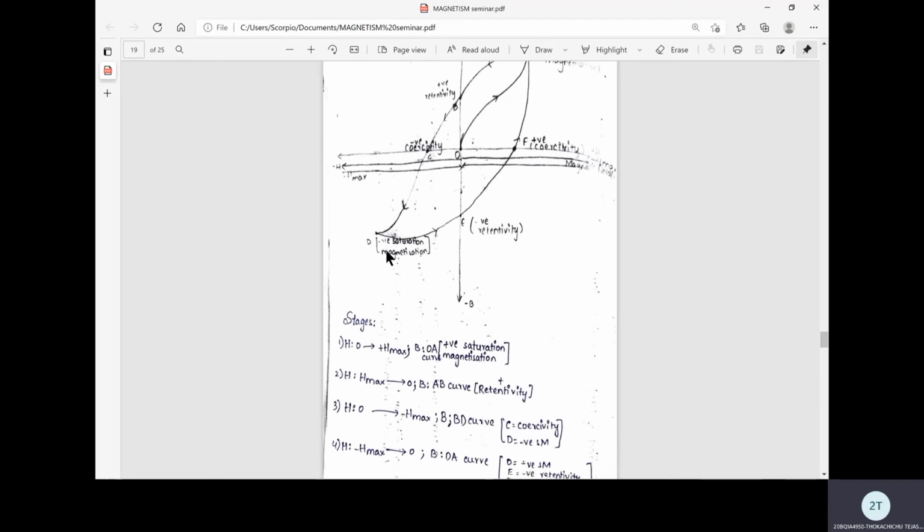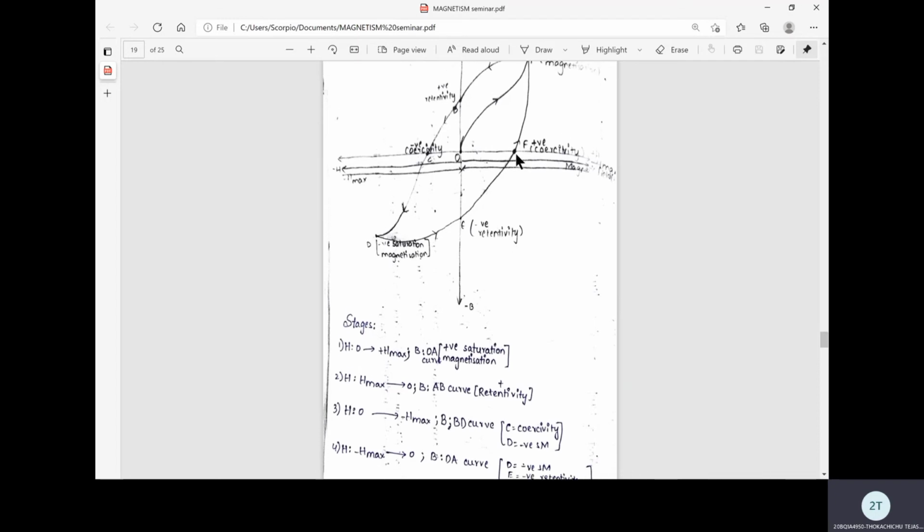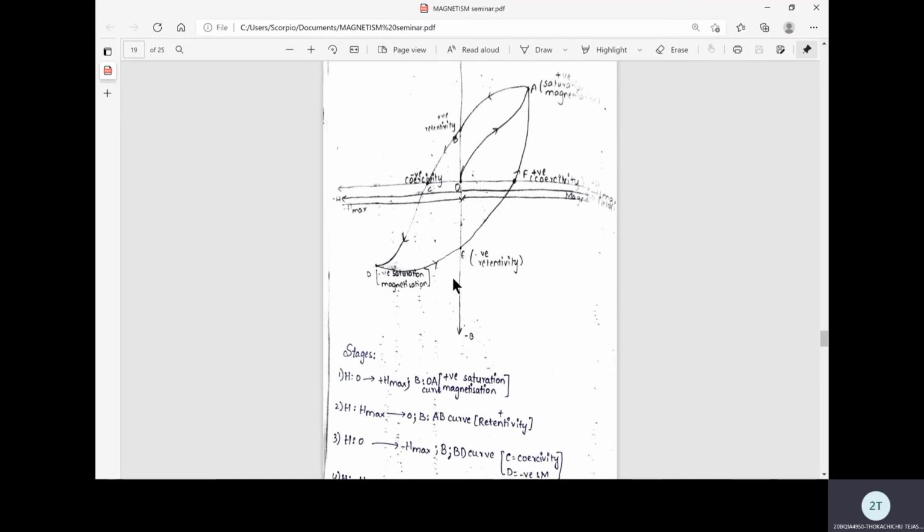And from this point, once again, it reaches the point 0, passing to the point E, which we discussed before, is exhibiting negative retentivity because clearly, even though the external magnetic field applied to the magnet is 0, it is showing magnetism, but this magnetism is of negative magnitude, so we call this the negative retentivity point. And after this, once again, it passes to a positive coercivity point, which is the opposite of the negative coercivity point in terms of magnitude.